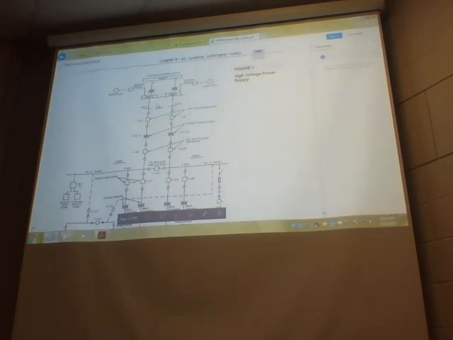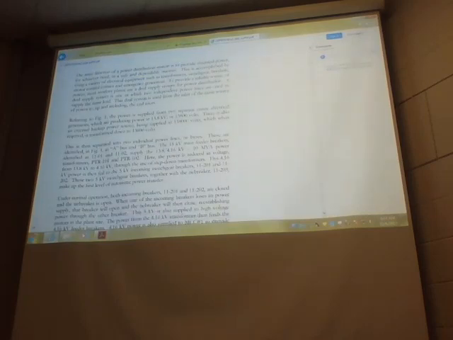If for some reason these aren't available, the external supply is available and transformed here to 13,800 volts. So the main power is supplied by the two on-site generators.